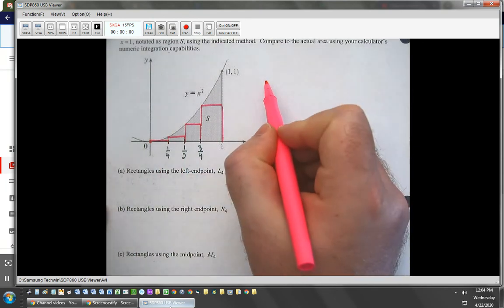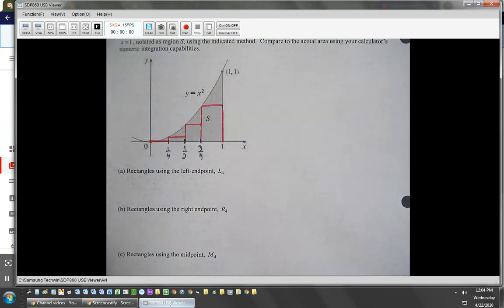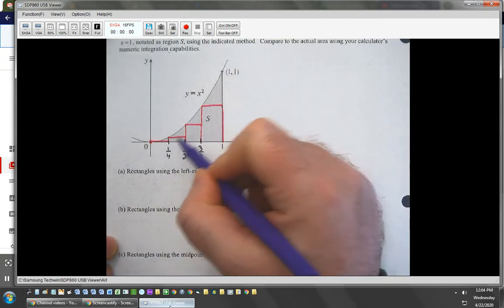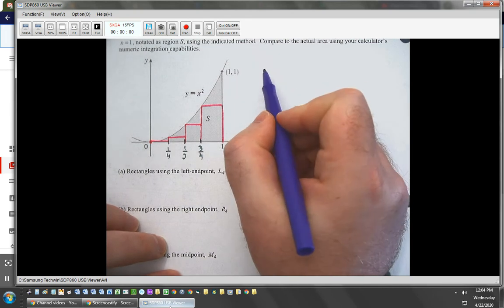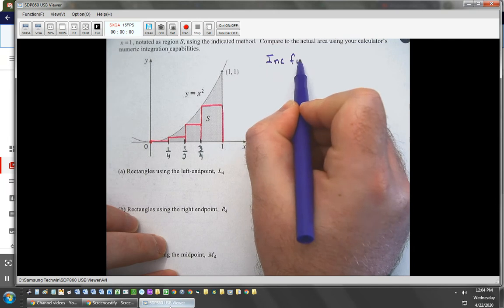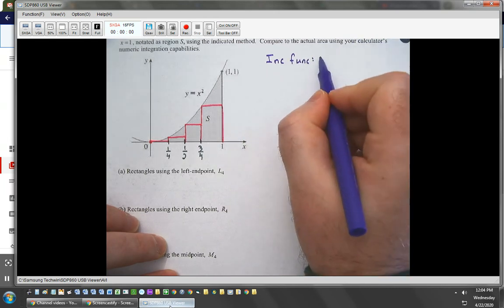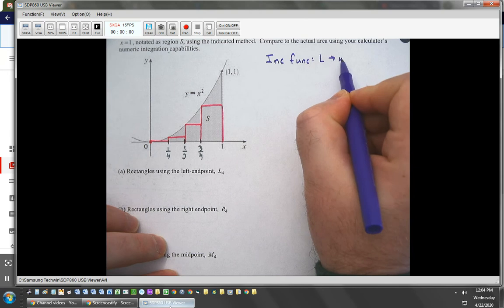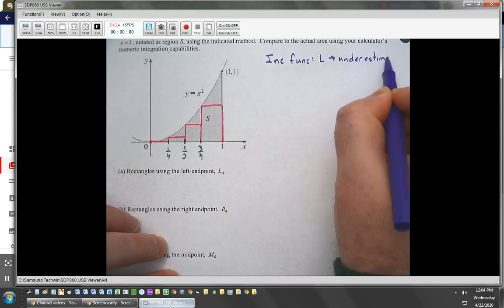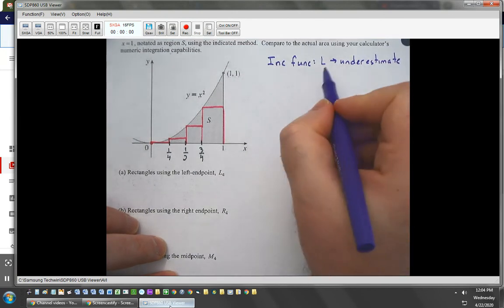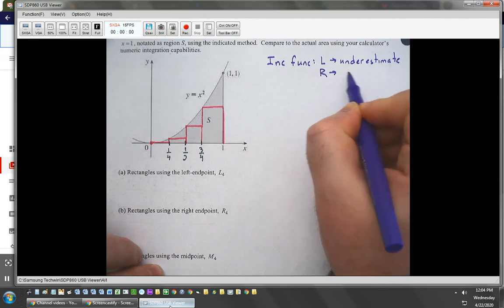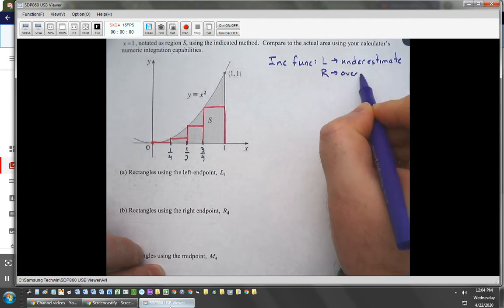So when you have an increasing function, the left endpoint is always going to be an underestimate. Left endpoints aren't always underestimates, it just depends. And we're going to show that in a second, but you're going to see that the right hand is going to be an overestimate.